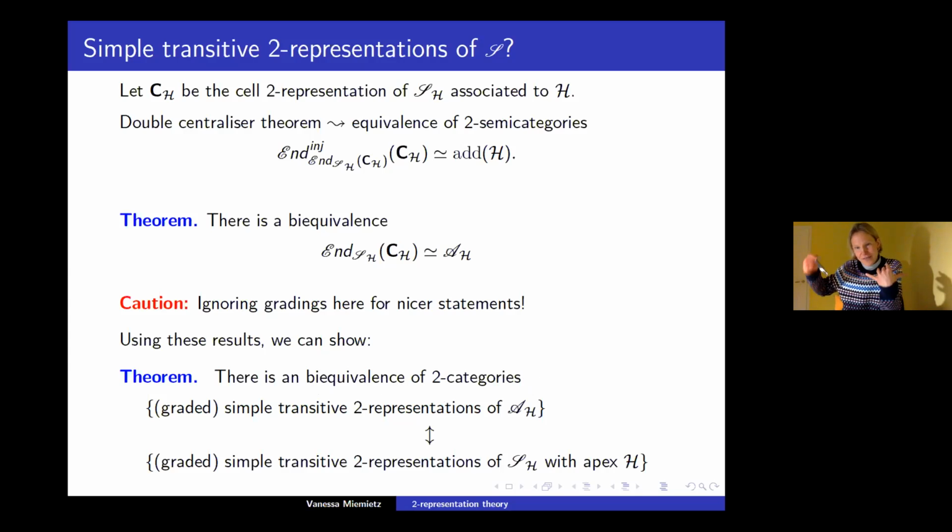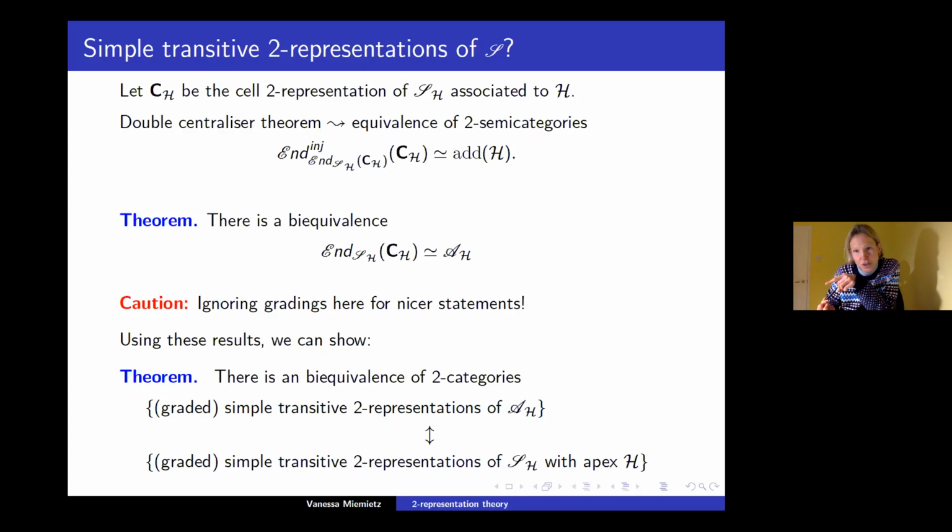So you're in a two-sided cell which has the longest element of a parabolic associated to J, a subset J of my simple reflections. Then via this H cell reduction, we can carry this over to the semisimple category that we get there. So singular Soergel bimodules from that perspective are not any harder.